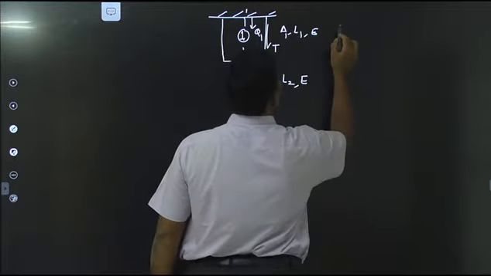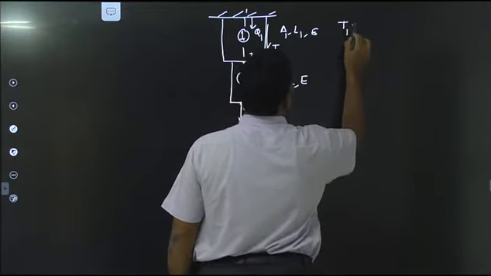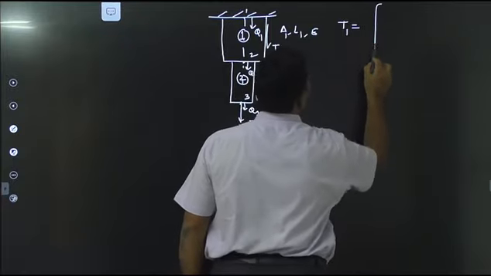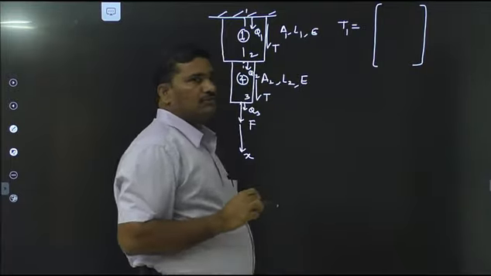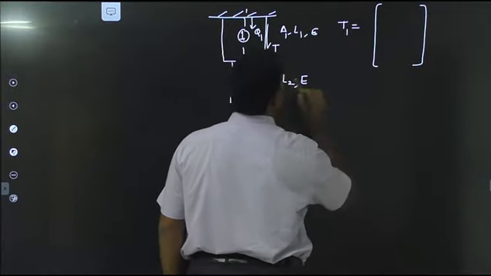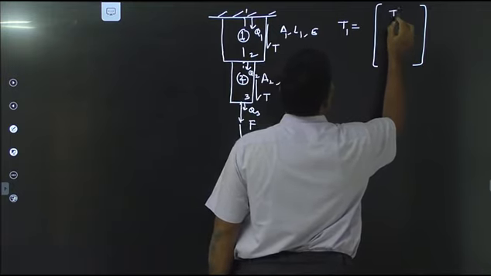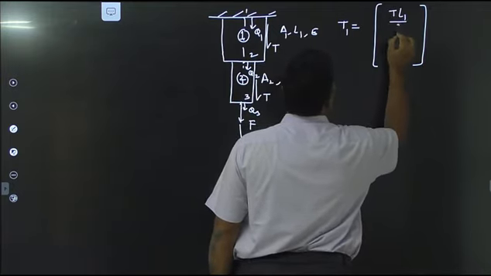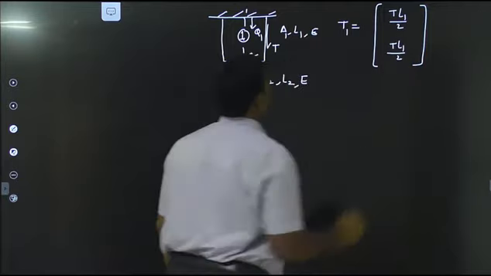Therefore, for the first element I write T1. For the first element T1 equals, see, it is a column matrix. For the first element it is T L1 by 2 here, T L1 by 2 here.